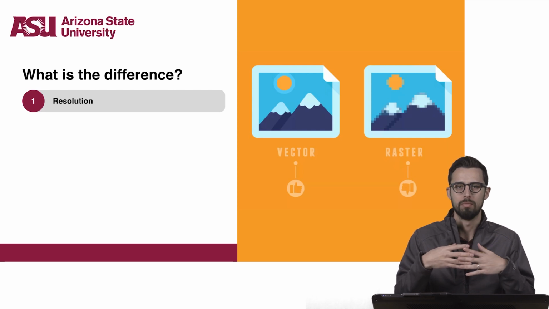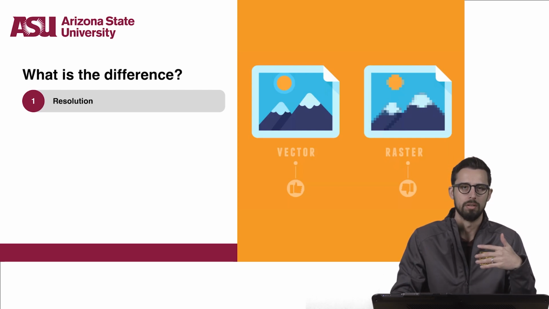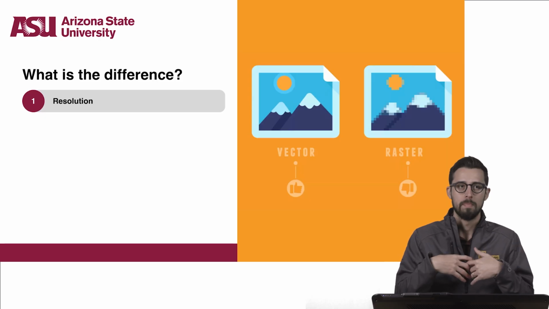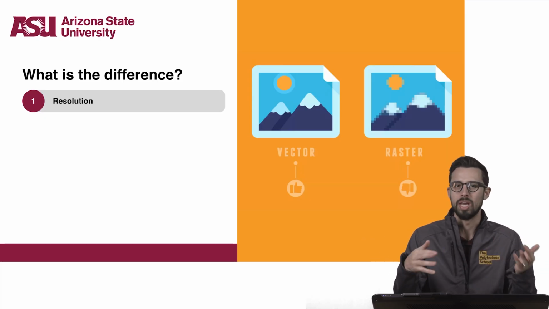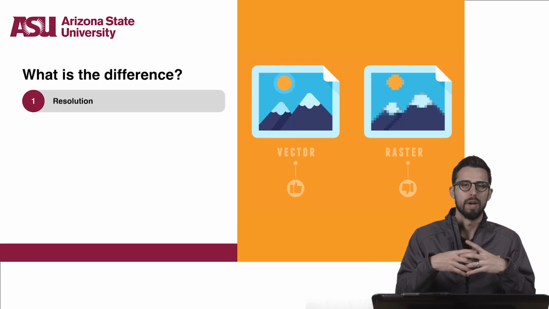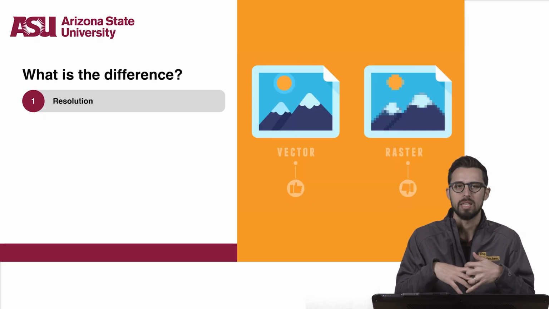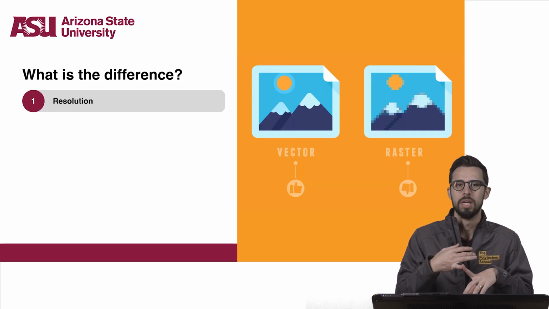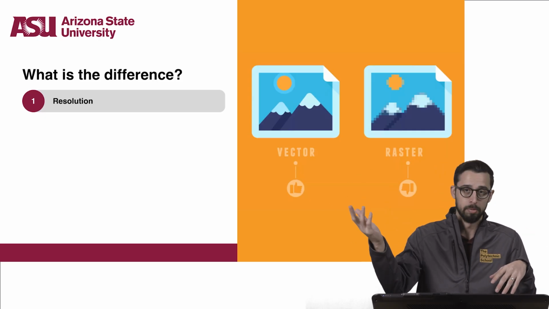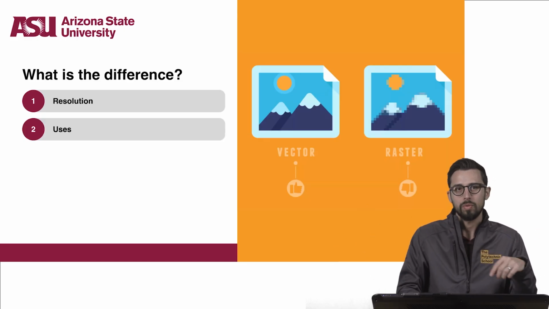You can resize, rescale, and reshape vectors infinitely without losing any image quality. Vector files are super popular for images that need to appear in a wide variety of sizes, like a logo that needs to fit on a business card and a billboard at the same time.